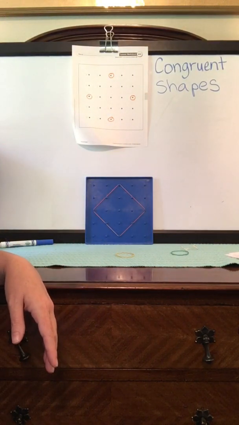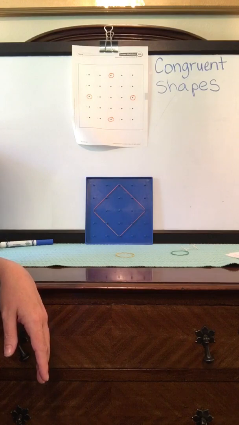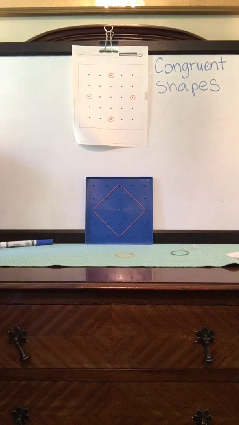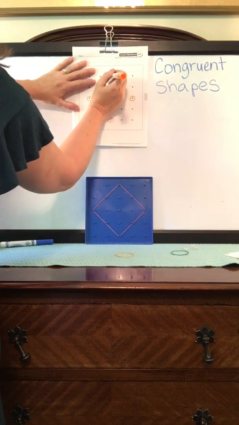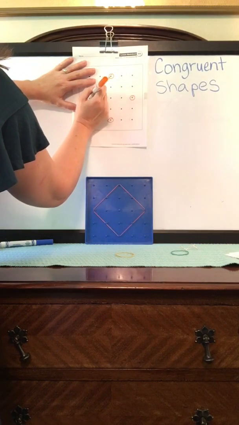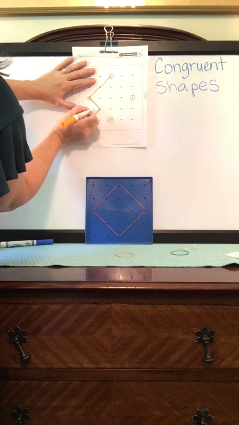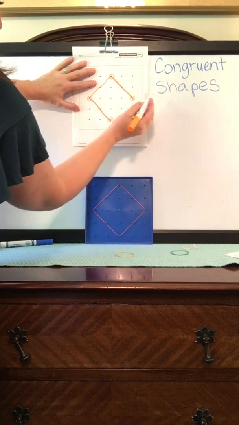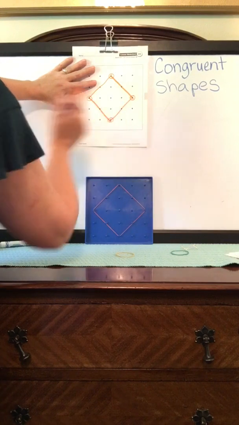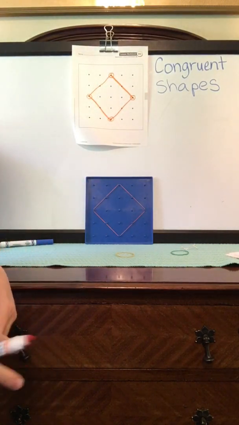You've circled the points. Let's see if we can make a congruent shape. I don't have a ruler, but I'm going to draw my line through that dot. Ooh, almost. Okay, boys and girls.